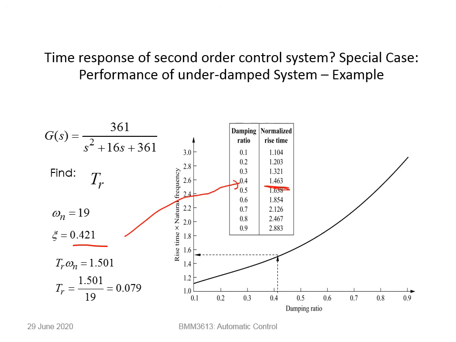Not the rise time, it's rise time multiplied by omega n. So rise time multiplied by omega n is around 1.5, and then to find the rise time, you just divide by omega n. So you find a rise time of 0.079 second, right?